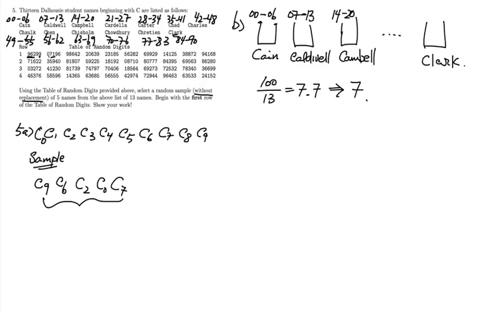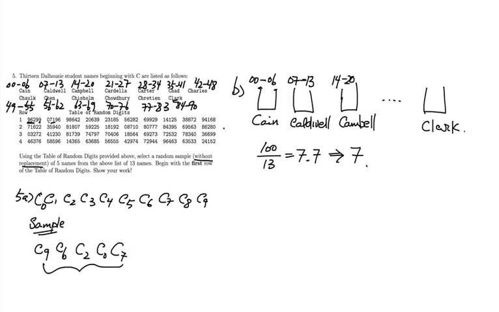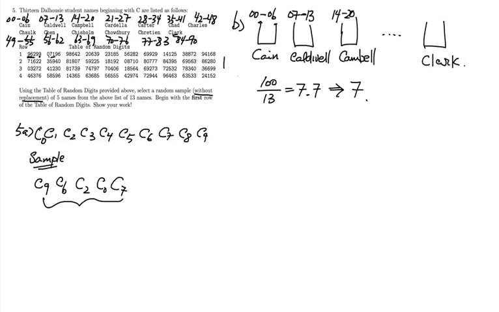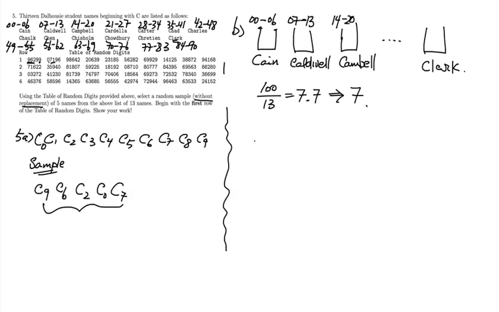So, if we look at the random number table, the first number we sample would be 96. 96 gives us no one. The next two-digit number we get is 29. 29 is here, so that gives us Carter.